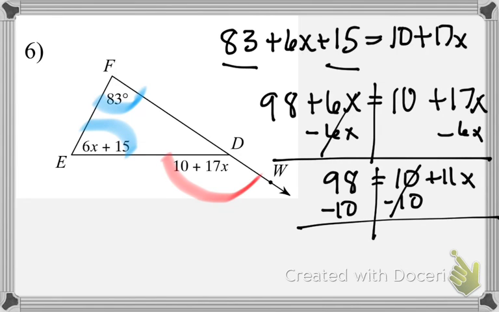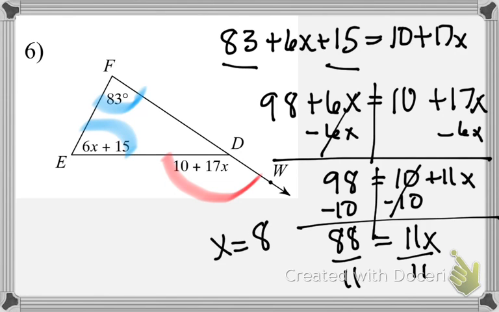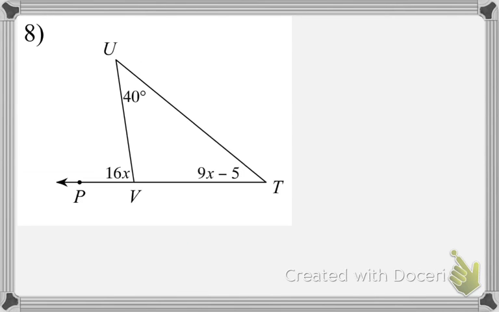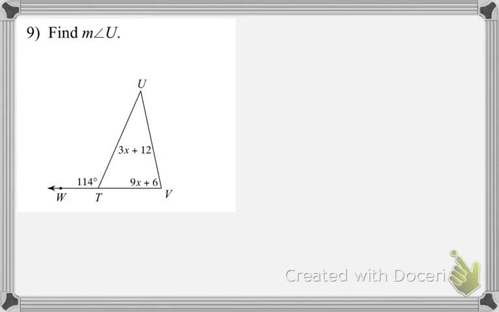And so here we get 88 is equal to 11x. I want the x to be by itself, so I'm going to divide by 11, and so therefore x is equal to 8 here. Okay, and so once again, when you're typing in your answers, just go ahead and give me the 8. Okay, I'm going to skip 7 and 8, so it's the same setup, so that way you guys can work those out.